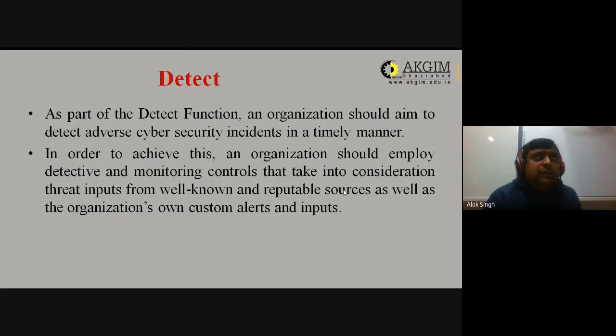So taking this scenario as a case, you should adopt a proper security mechanism for your organization also. In order to achieve this, an organization should employ detective and monitoring controls that take into consideration threat inputs from well-known and reputable sources, as well as the organization's own custom alerts and inputs.